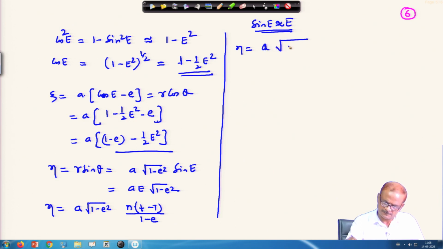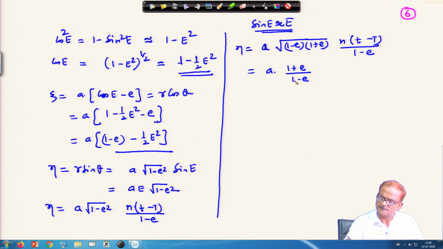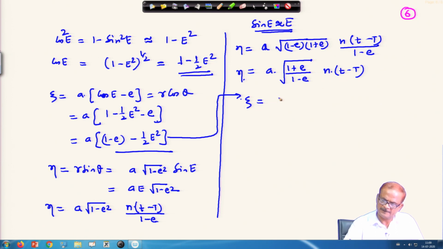A times 1 minus E times 1 plus E, and t minus t divided by... Similarly, this xi can also be written in terms of n and t.